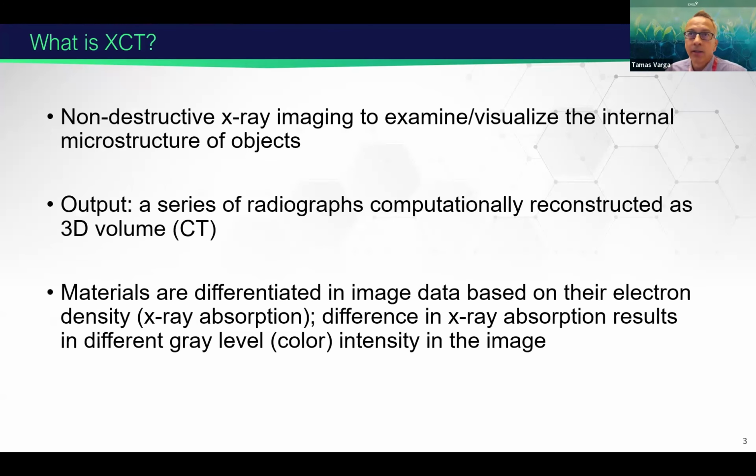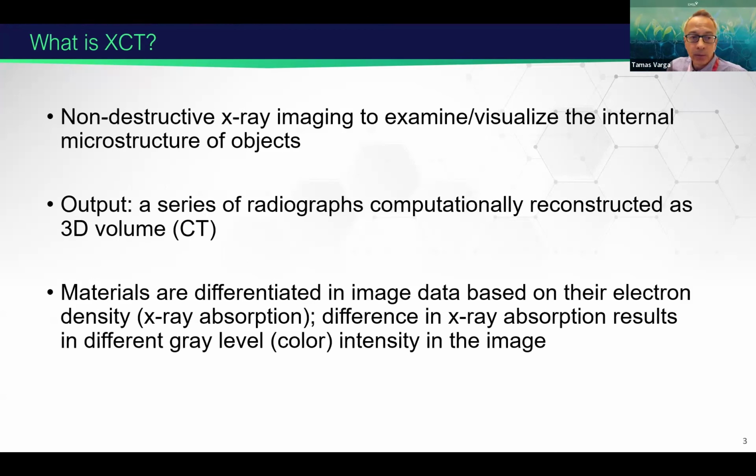So what is XCT? It is a non-destructive X-ray imaging method that can reveal the internal microstructure of objects. The output of CT is a series of radiographs as raw data, which then is reconstructed into 3D volume data on the computer, hence the name computed tomography.